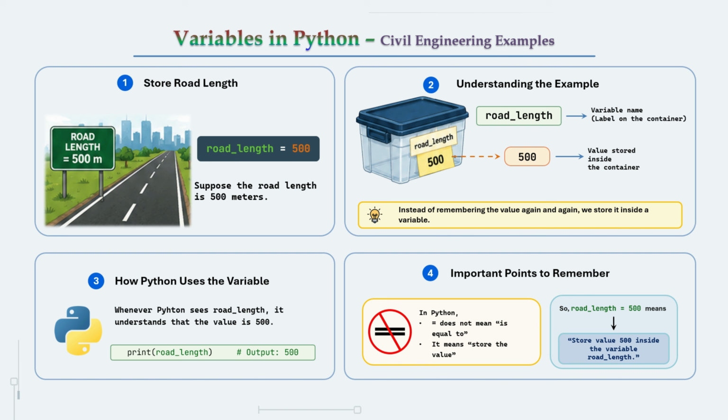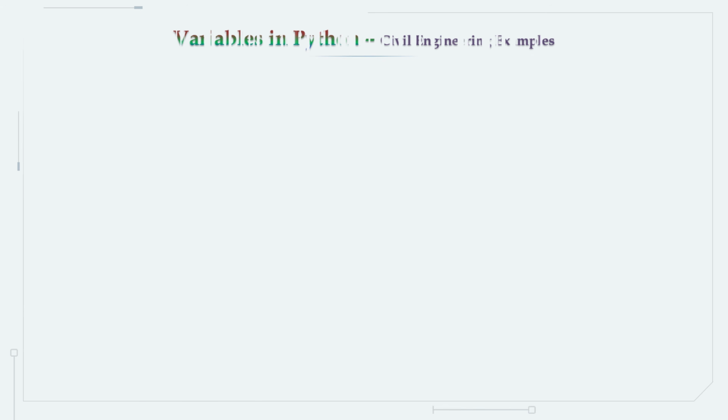So let us repeat once again. Variable name is nothing but your container label. Value is your data stored inside, and the equal sign means store the value. So till now we studied what a variable is, how Python uses variables, and what the equal sign means in Python. Now let us see another example.